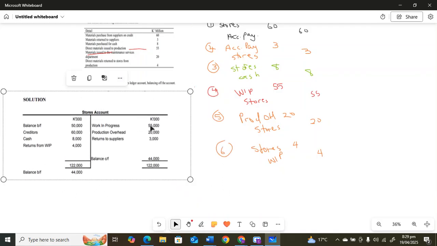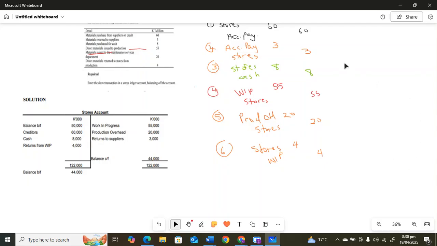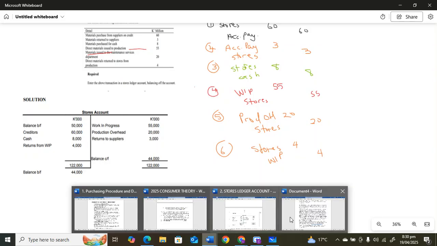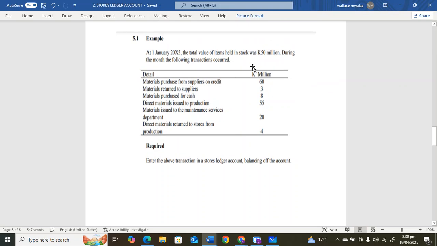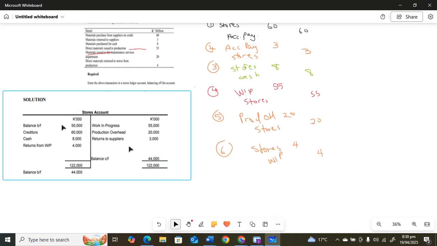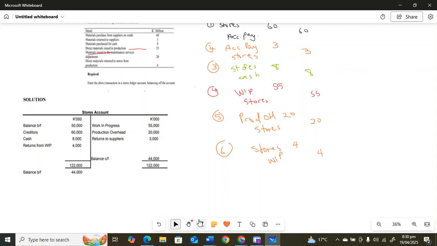So as you can see here, we've got the first entry. Here we've got our balance brought forward, because remember the question told us that the total value of items held in stock was 50 million. So you've already got 50 million. This is your balance brought forward.